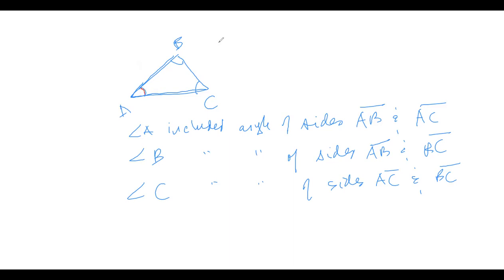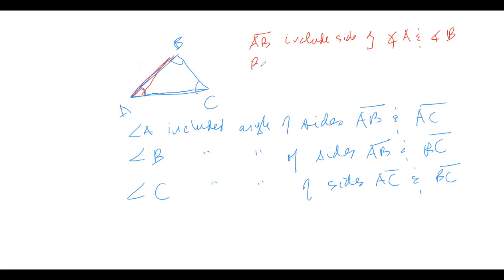Okay, now, let's get the other version. Side AB here is the included side of two angles, angle A and angle B. So angle A and angle B, this will be the included side.